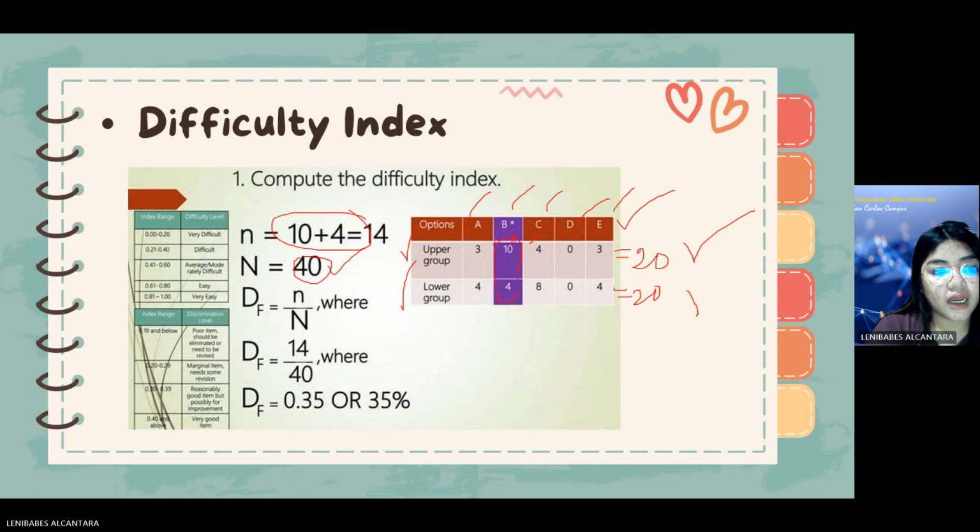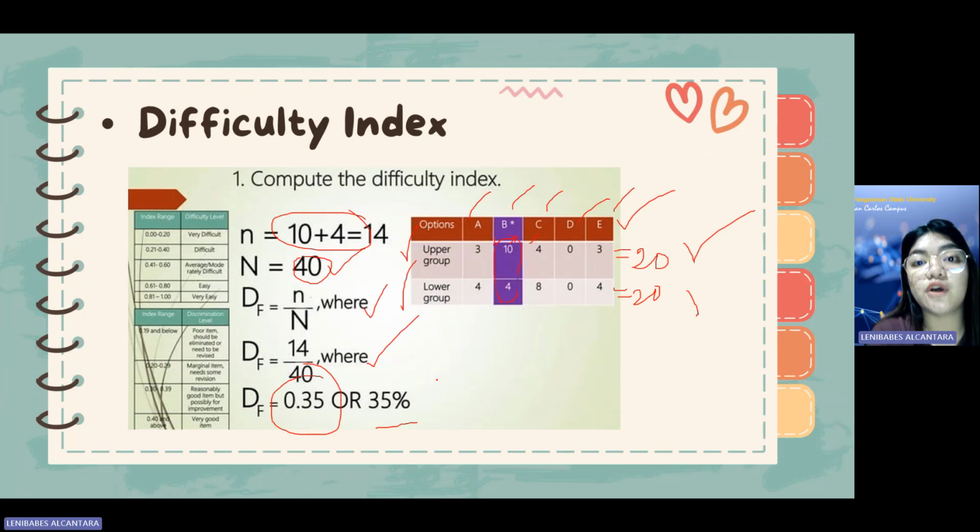Now, here's the difficulty index. N is equals to 14. And capital N, the force 40 yan, where 14 divided by 40 is 0.35. Okay, 0.35 siya in decimal. Tapos in percent, of course, we have 35% in percentage.